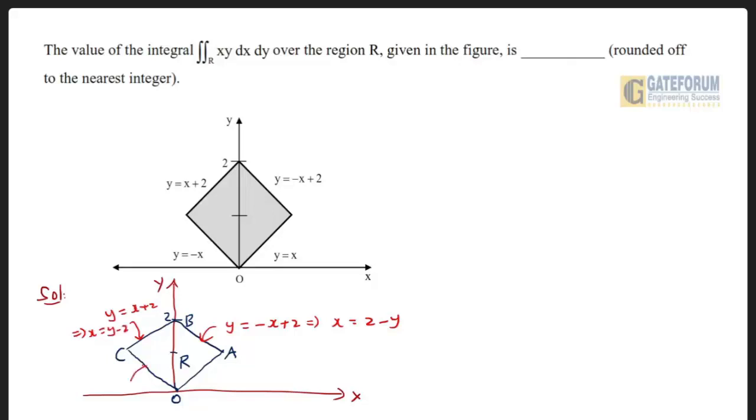And this part is y is equal to minus x, from this I can write x is equal to minus y. And this curve equation is y is equal to x. So for all four boundaries, he has given y in terms of x, but I want to express x in terms of y. Implies x is equal to y. So this is indicated by dotted lines.